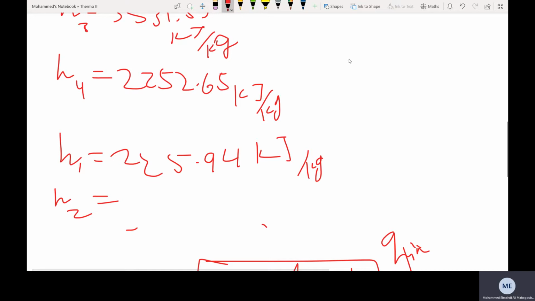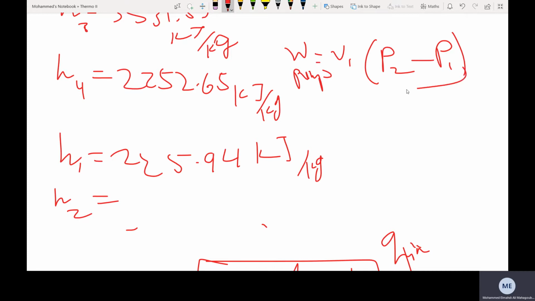So what you do, you get v at 1, and then you know the pressure at 2 and the pressure at 1, and that's how you get the pump work. In liquids we use pumps, and in gases we use compressors. So the pump work is v1 times P2 minus P1, and that's how we get it basically.